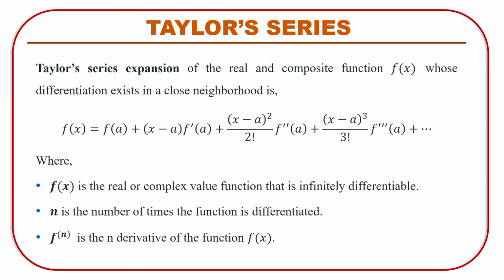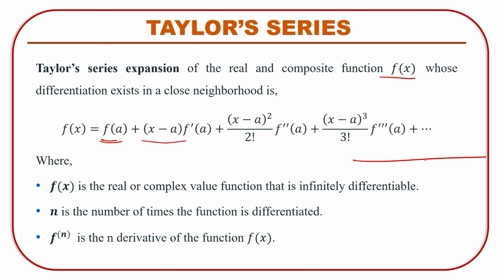Now, how do we represent the Taylor series? The Taylor series expansion of a real or composite function f(x), whose derivatives exist in a closed neighborhood, here the neighborhood of a, is written as f of a plus terms in x minus a.